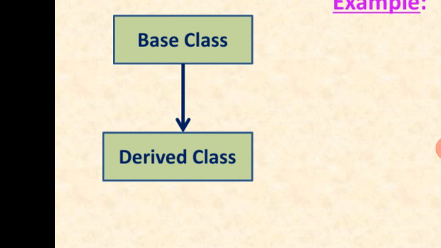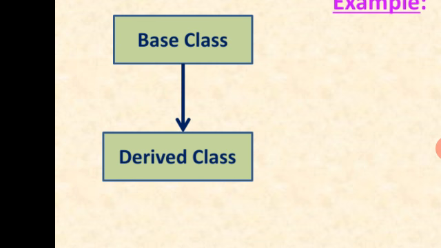That new class we call a derived class. Such type of inheritance we call single level inheritance. This new class will obtain characteristics, or features, from a single base class.